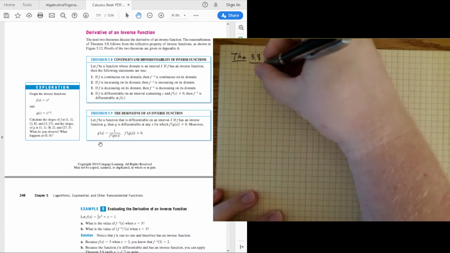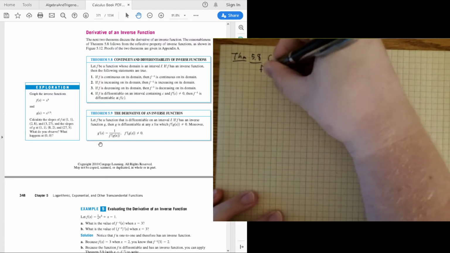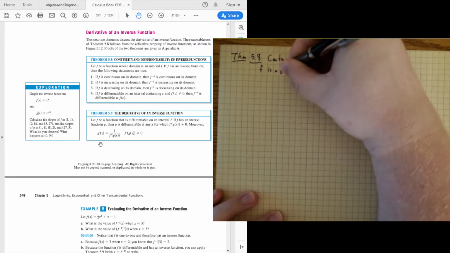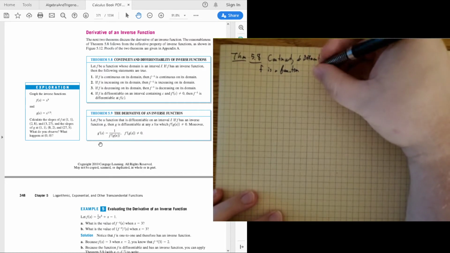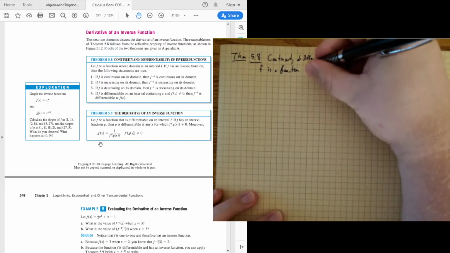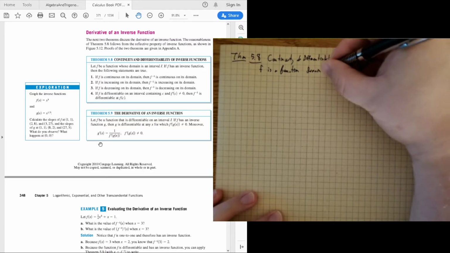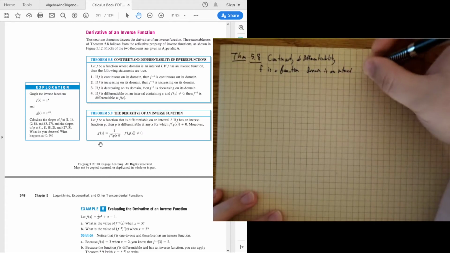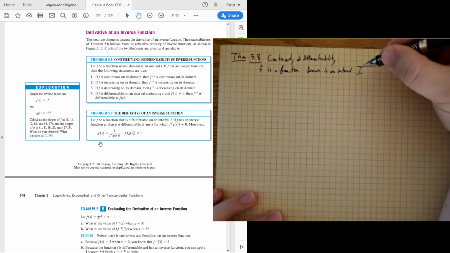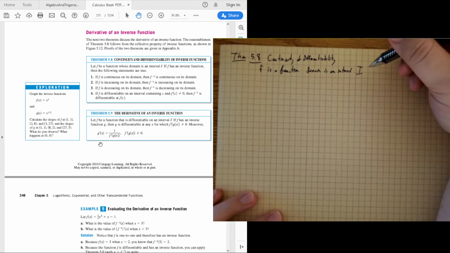Let f be a function on an interval I. This interval could be all real numbers. It could be a very small piece of it, but it is an interval that we're talking about because it gives you more play with what you can do with it.